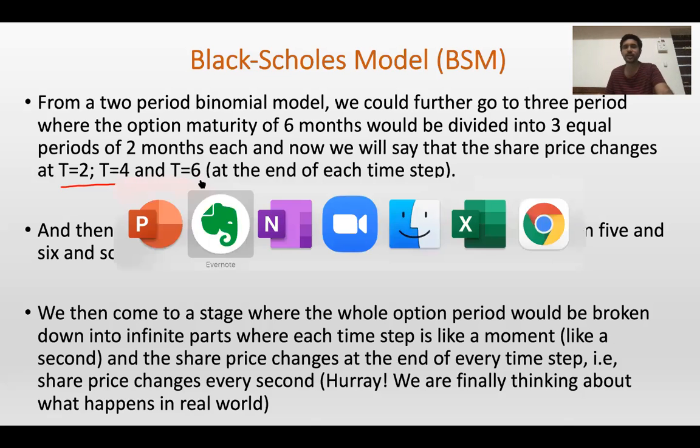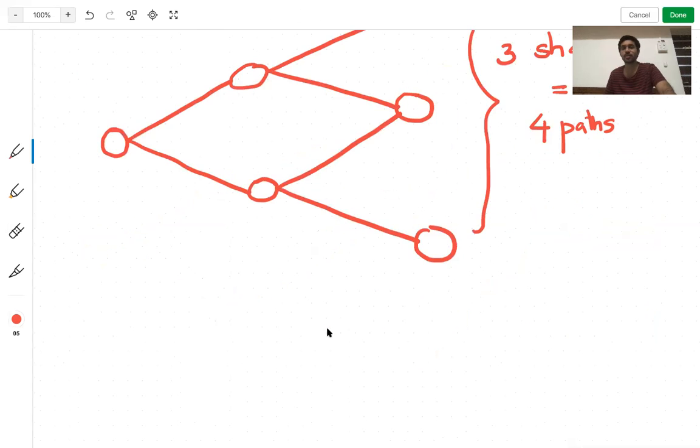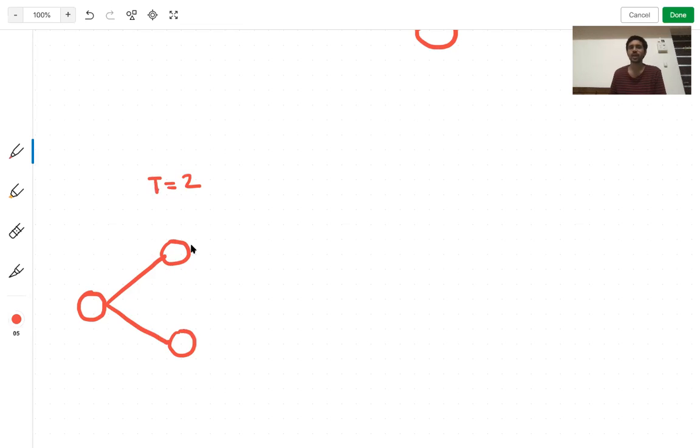So if we quickly draw a 3-period binomial, it would be something like this. We have a current share price today. The share price can either increase or decrease, and this is at time step 2, at t equal to 2. From each node at t equal to 2 there can again be 2 possible share prices, and that share price change will happen at t equal to 4.